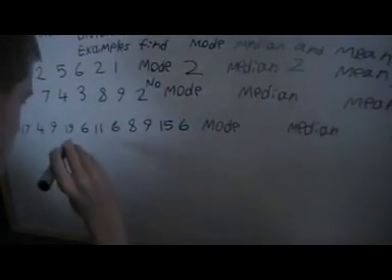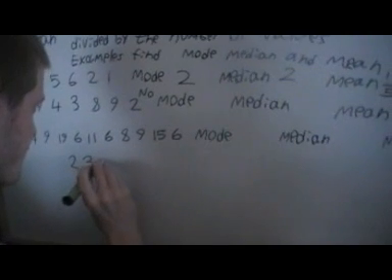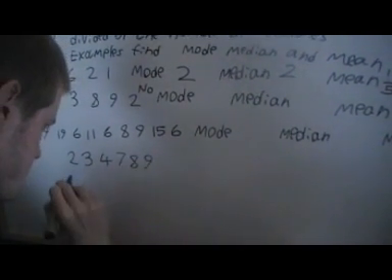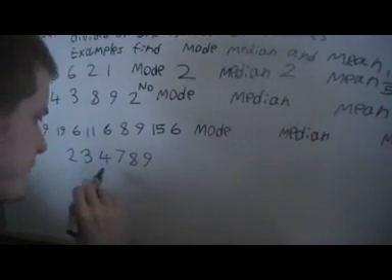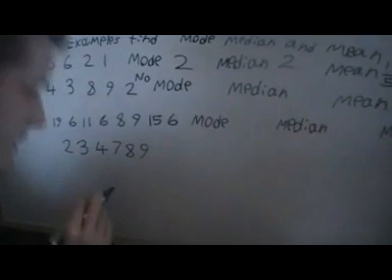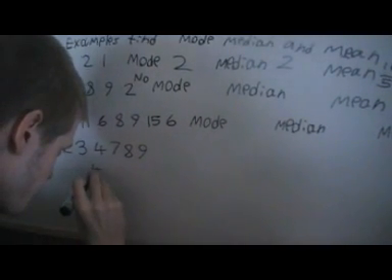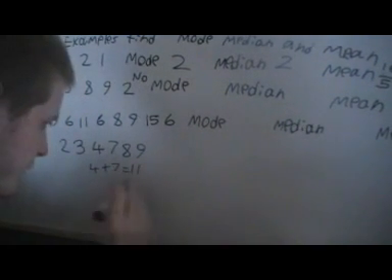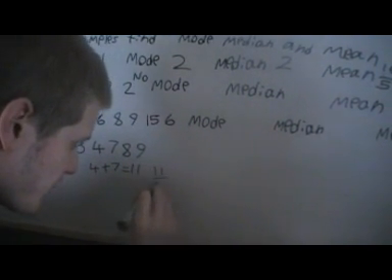The median, we put them in order. We have 2, 3, 4, 7, 8, 9. Now this time there's an even number, so there's no centre value. So what we'll do this time is we'll add the two numbers in the middle up. We'll get 11. We'll divide that by 2.